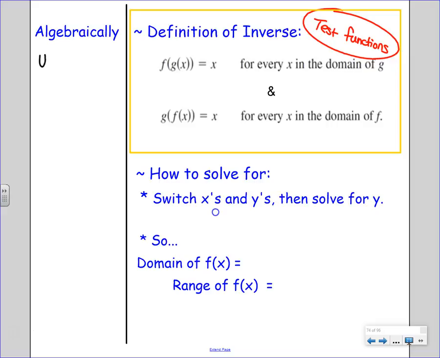When a composition of 2 functions, it could be the same function, it could be different functions, ends up just equaling x, no adding, no subtracting, no multiplying, no dividing, no exponents, those 2 functions are inverses of each other because the one is undoing the other.